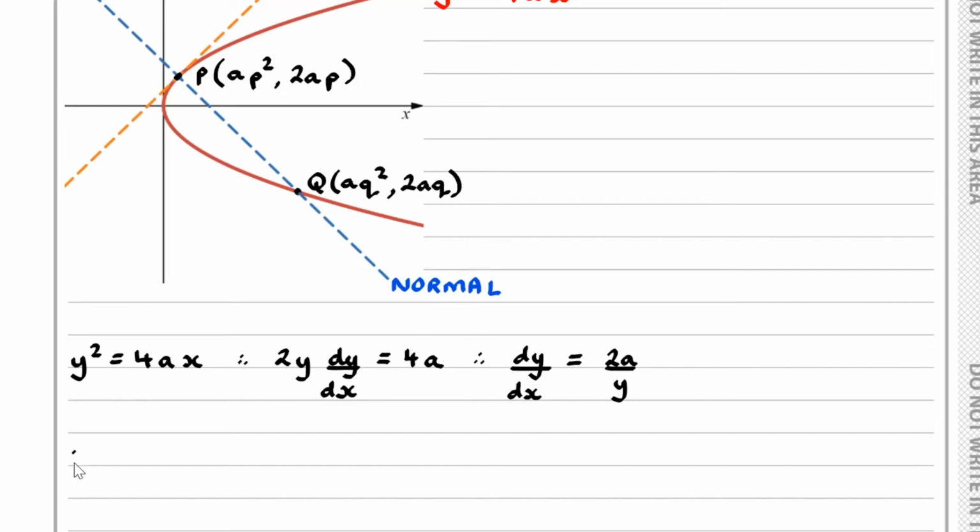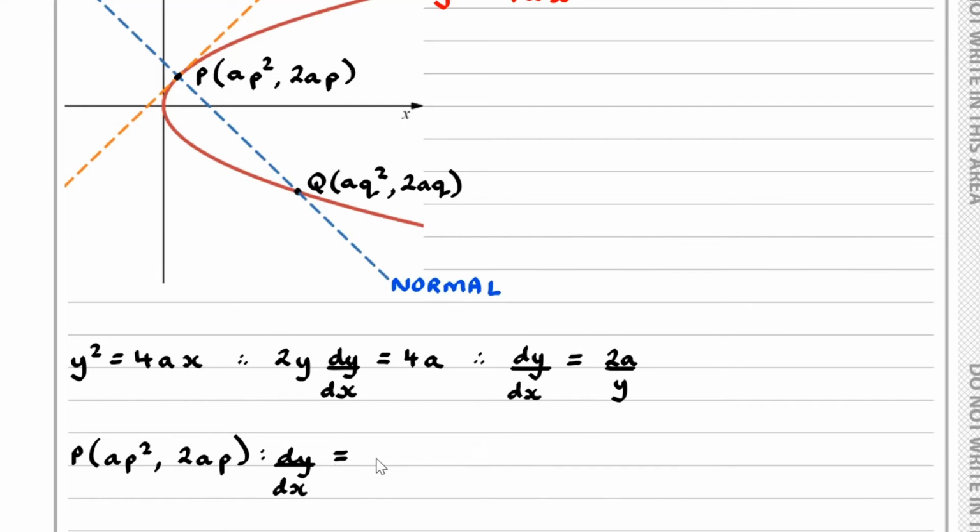And at the point P, with coordinates (ap², 2ap), we can find the value of dy/dx.